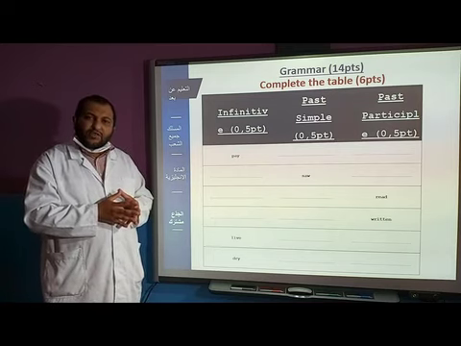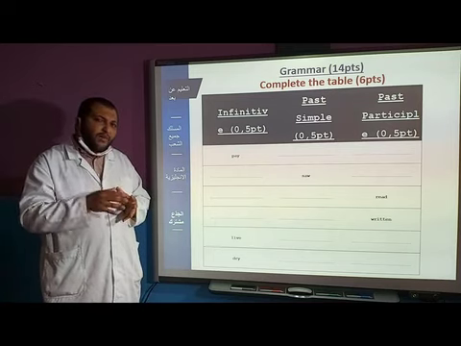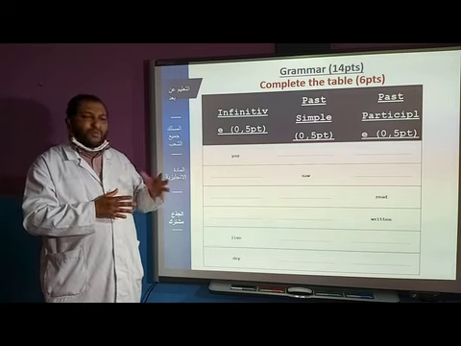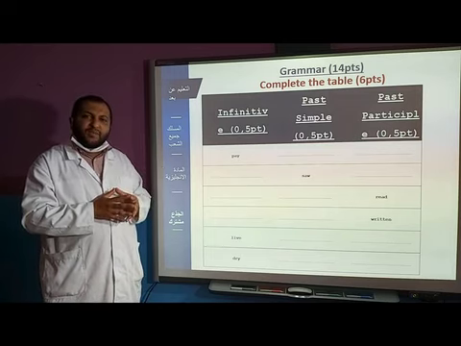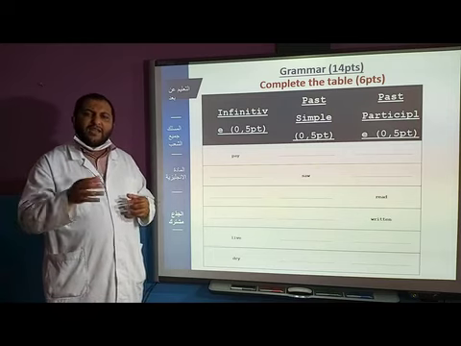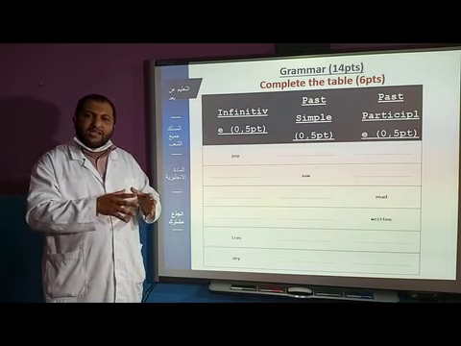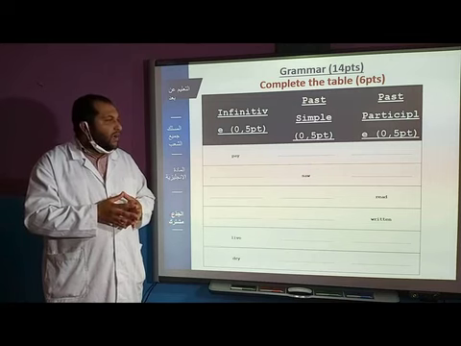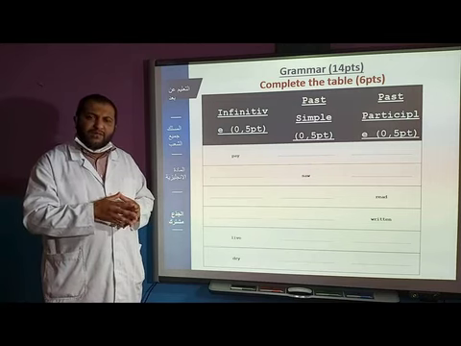Before we start, try to remember that talking about past simple and past participle, we are talking about the two forms, regular and irregular. And we will see all these details while we are correcting soon.